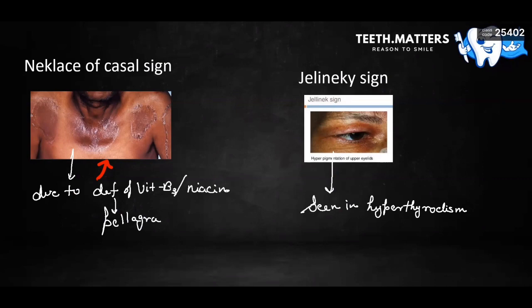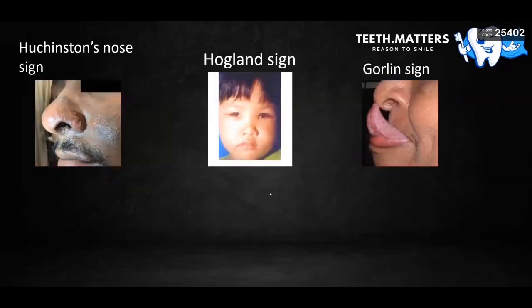Next, this is Hutchinson nose sign. Okay. In this we are seeing the vesicle over the nose area. This is Hutchinson nose sign and it is seen in herpes zoster.